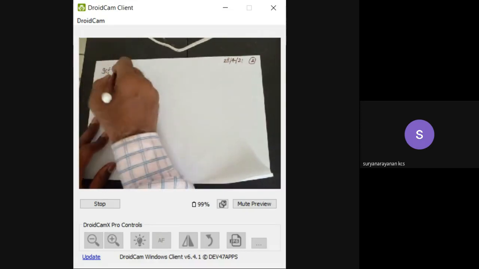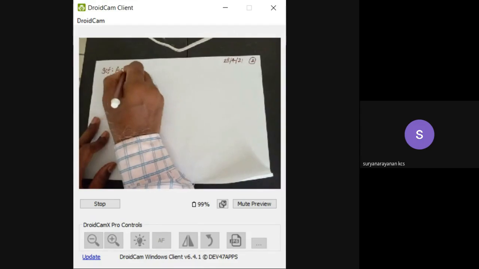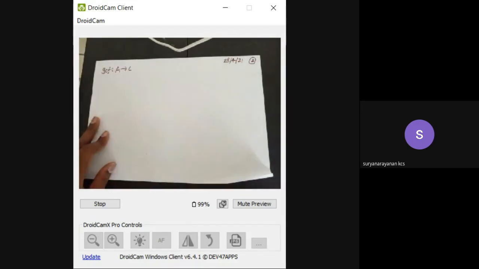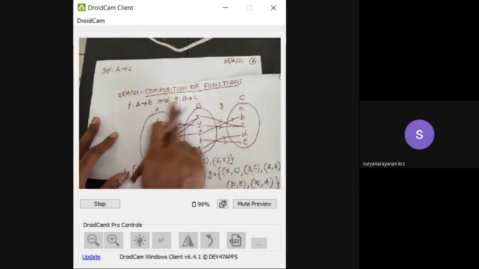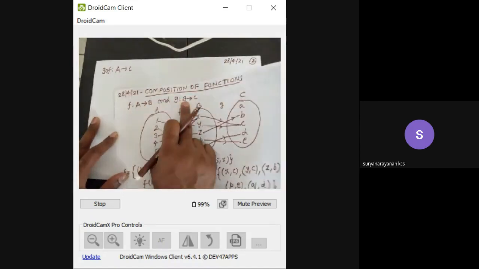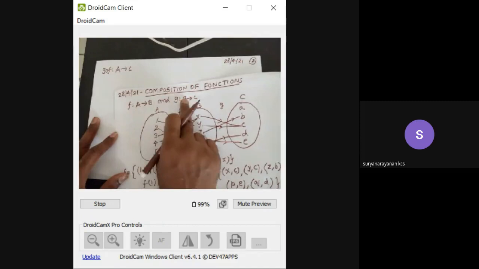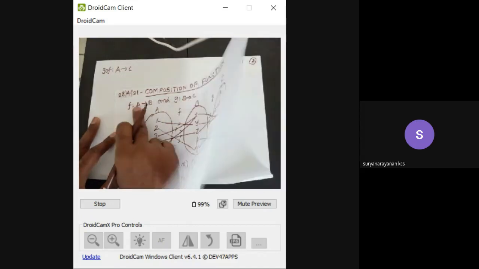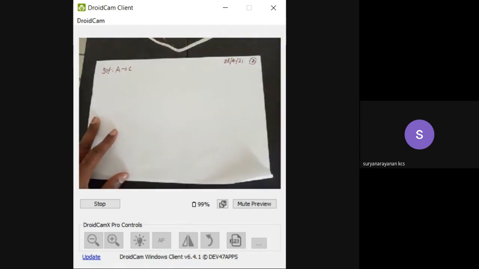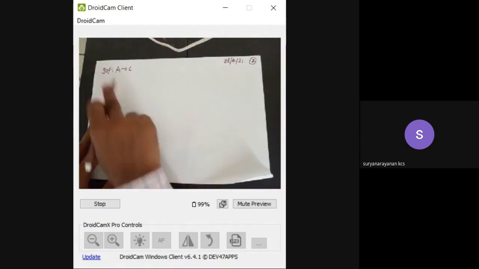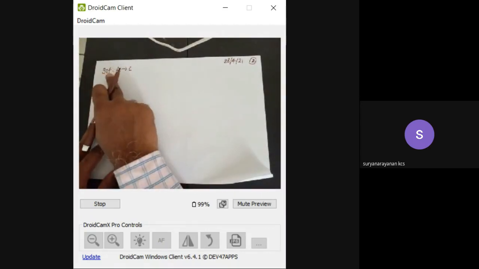G O F is a mapping from A to C, because here we strike out the common set. The common one is this one. Strike it out. What is left here? A to C.